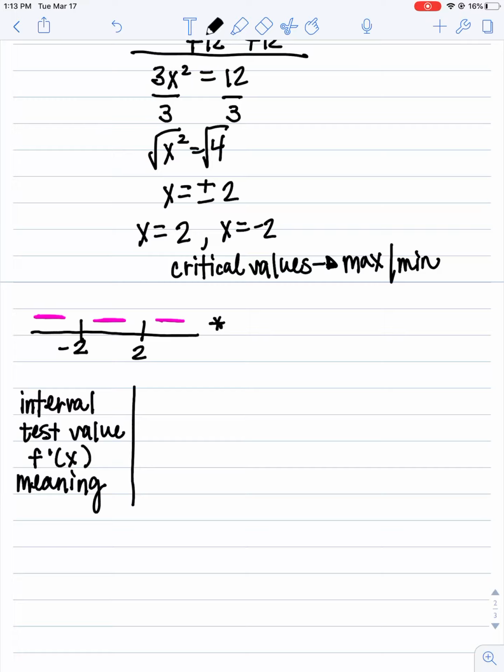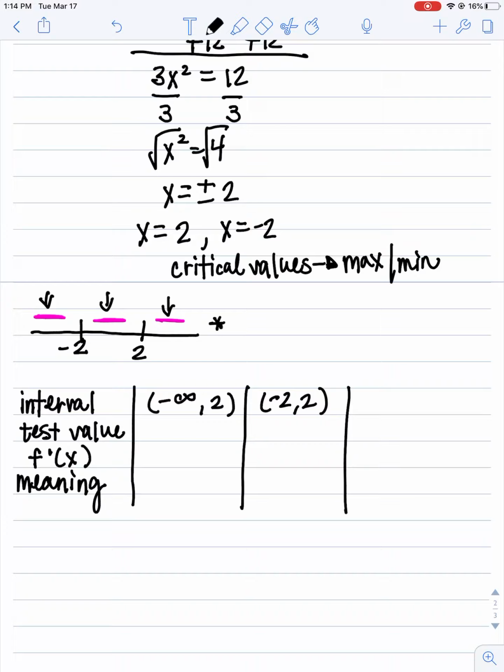Okay, so let's go back up here to this little picture that I drew. This first interval right here in pink is negative infinity to negative 2. The second interval that I'm looking at, and I'll draw a line to really organize this for you guys, is clearly right here, which is negative 2 to positive 2.